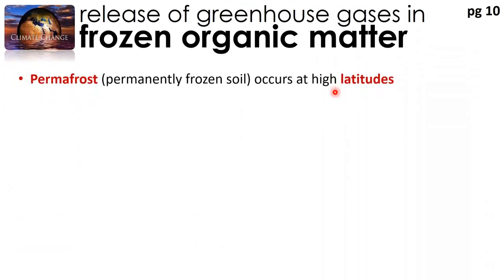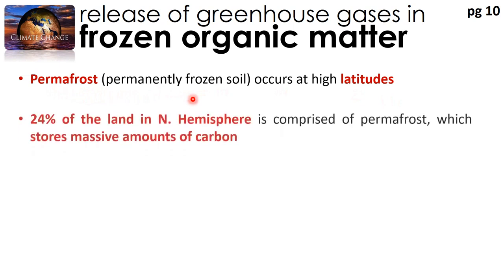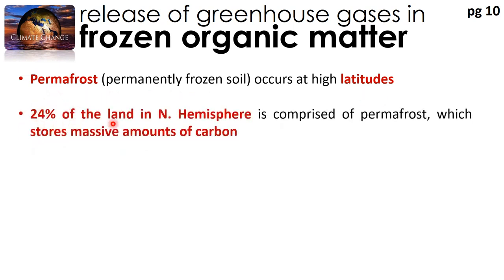So, as I said earlier, permafrost is found mainly in regions of high latitudes, especially in our northern hemisphere. And what is permafrost? Permafrost is permanently frozen soil, and 24% of our land in the northern hemisphere is actually comprised of permafrost, which stores massive amounts of carbon.